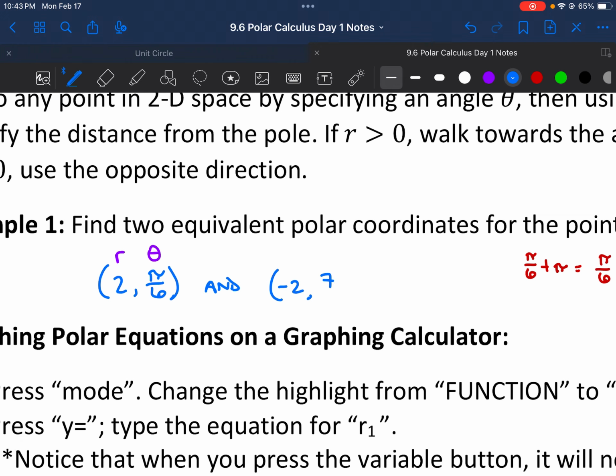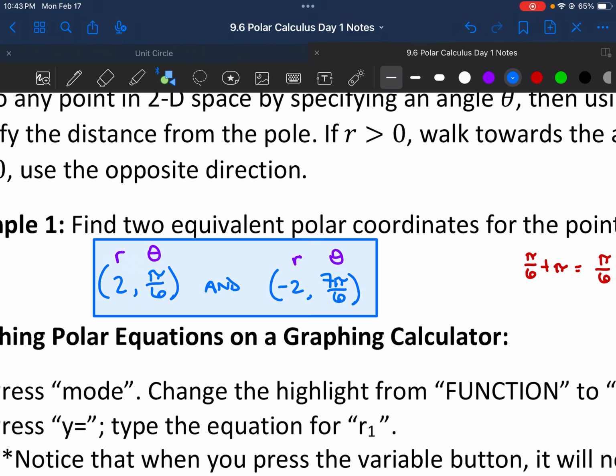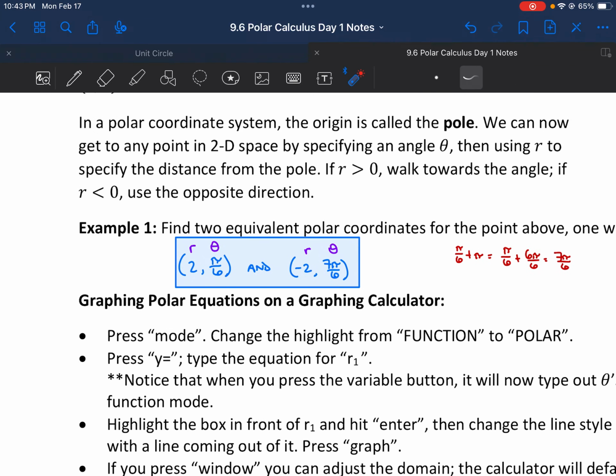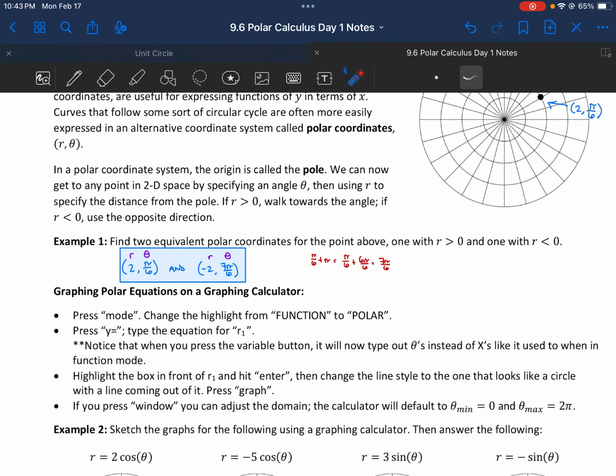So negative 2 comma 7 pi over 6 would be an equivalent polar coordinate. Okay, so if you change the sign of r, you add or subtract pi to the angle. Okay?